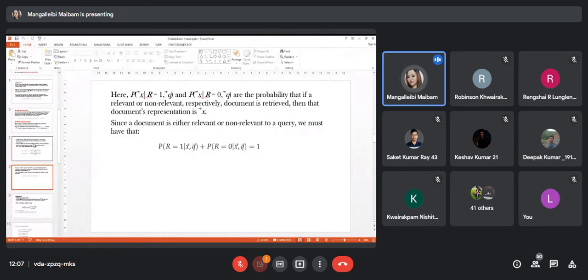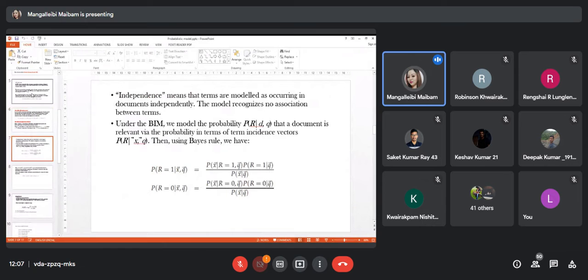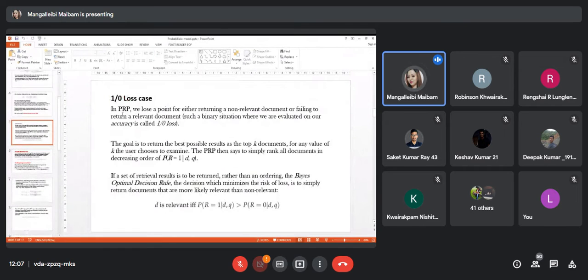But these things you have to study, okay? Because sometimes in 1 mark, in multiple choice, I may ask you what is the 1 by 0 loss case, okay? Or I may ask you what is the Bayes optimal decision rule.